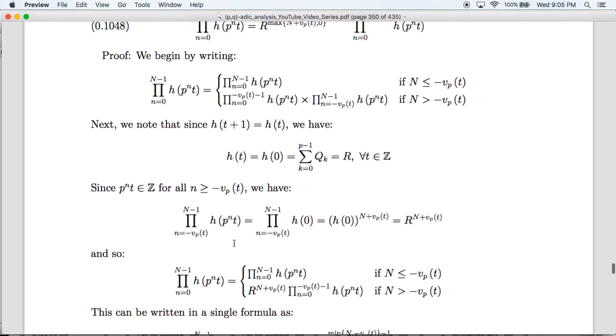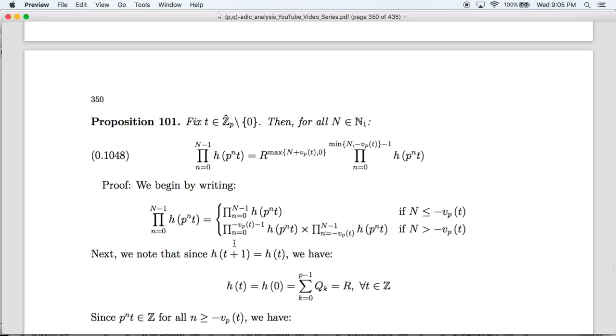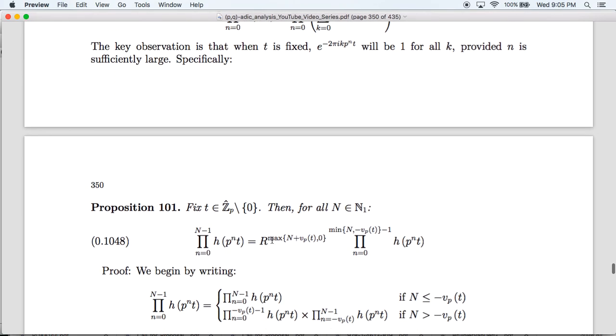Yes, so here, I forgot to mention. Let h of 0 be equal to big R. Then for a non-zero p-adic t in Z_p hat, and for all n greater than or equal to 1, we have that this product is equal to R to the power of the maximum of n plus v_p of t, comma 0, times this guy.